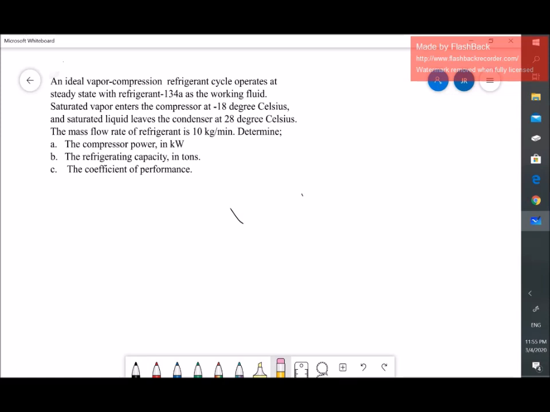Saturated vapor enters the compressor at negative 18 degrees Celsius and saturated liquid leaves the condenser at 28 degrees Celsius. The mass flow rate of refrigerant is 10 kilogram per minute.